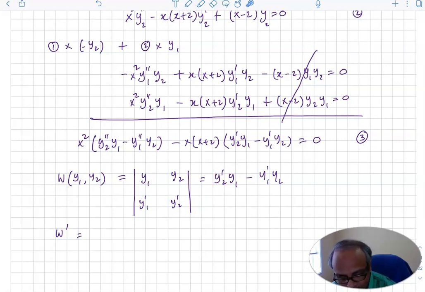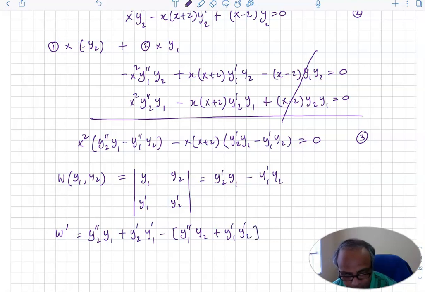The first term will be a product rule, so this is y double prime 2 y1 plus y prime 2 y prime 1, minus the second term, similarly, y double prime 1 y2 plus y prime 1 y prime 2.